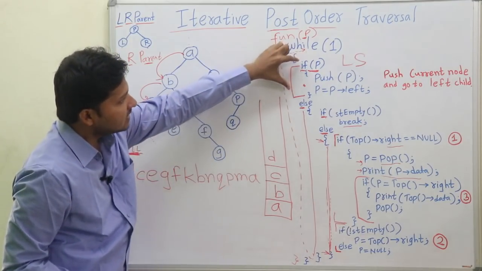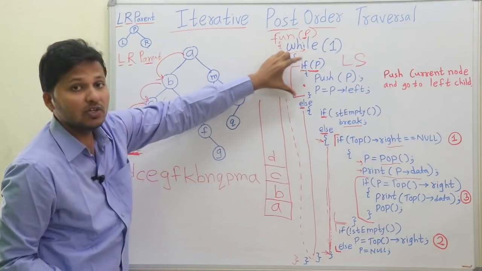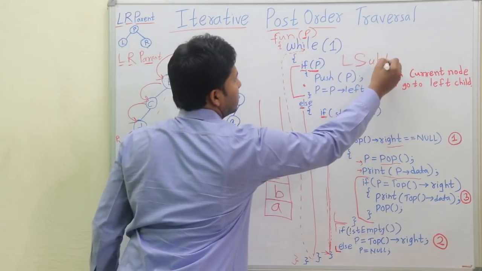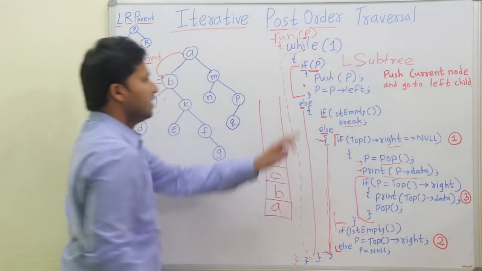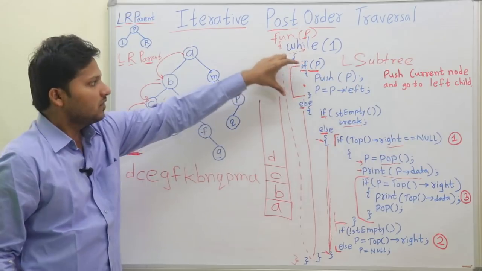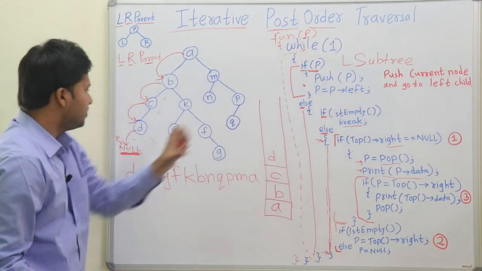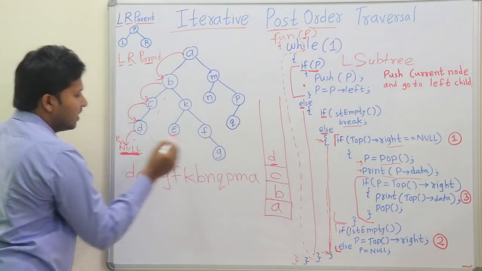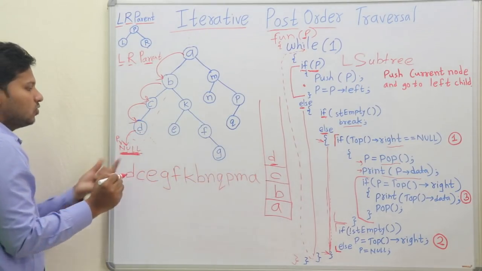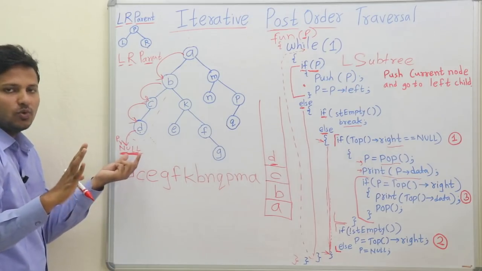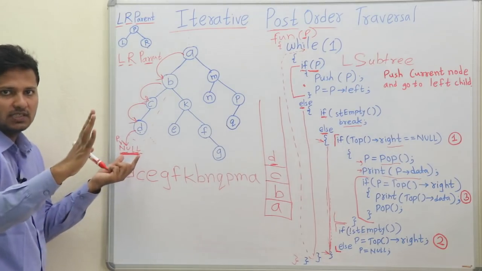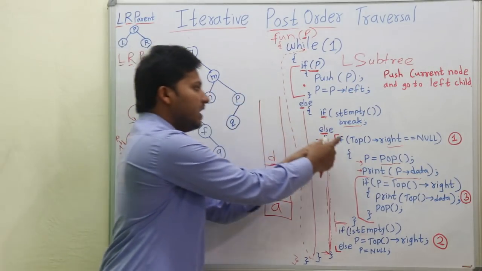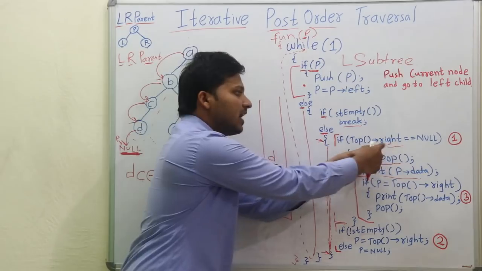As P is null, we come to the conclusion that the left subtree is null. LS means left subtree. So the left subtree of node D, the top node of the stack, is null. There is no need to process, so we consider it as processed. So the left child is null, so we go in else block and we check for the right child.